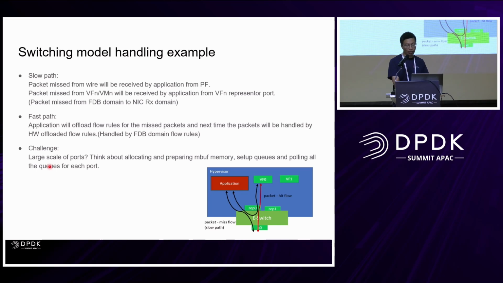Maybe we have 1K sub-functions or VFs. In that case, if the packet misses from hardware, the application will need to poll all the representor ports to get the missed packet.